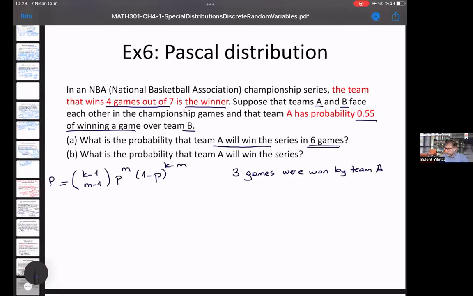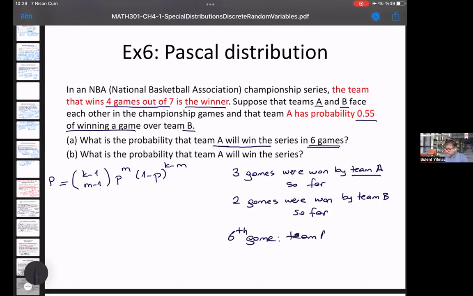This part: 3 games were won by team A so far, and 2 games were won by team B so far, right? And team A will win the last game, the 6th game, so that they will reach 4 wins and the series will be over.